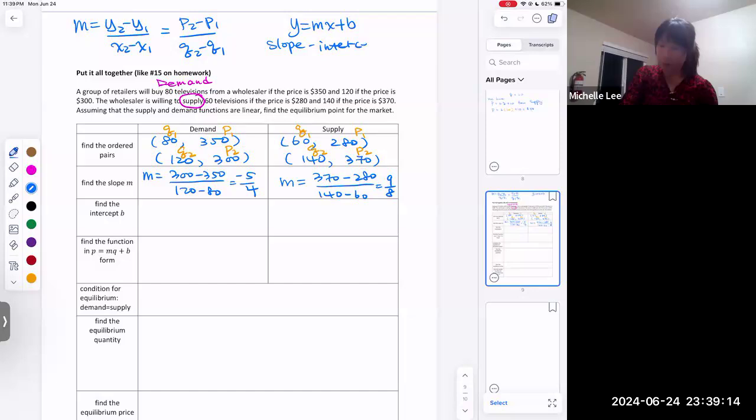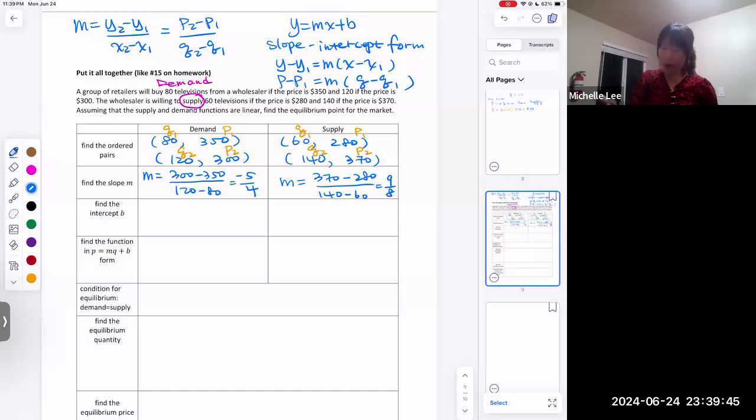In order to find the equation, we have to use y minus y sub 1 equals slope times x minus x sub 1. So we need to change that: p minus p sub 1 equals slope times q minus q sub 1.